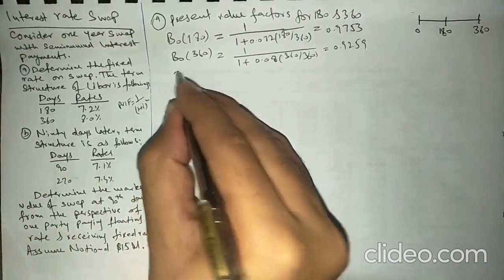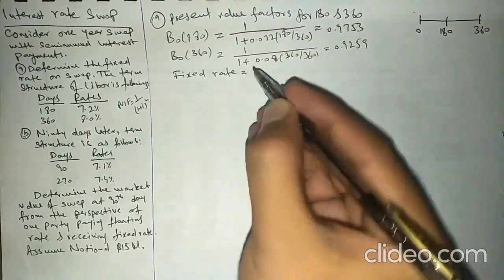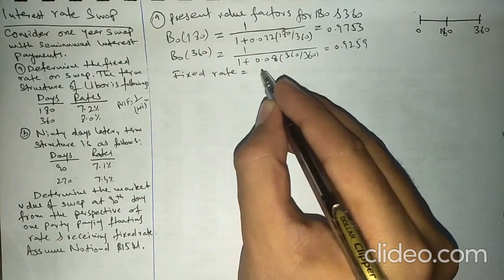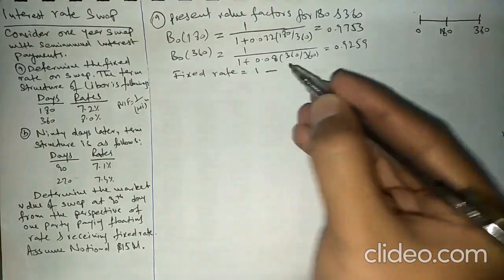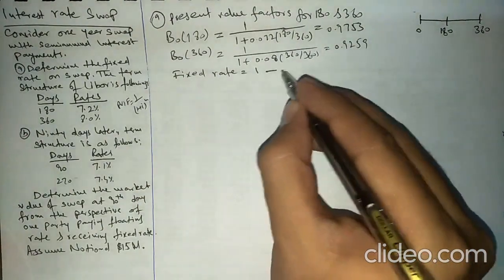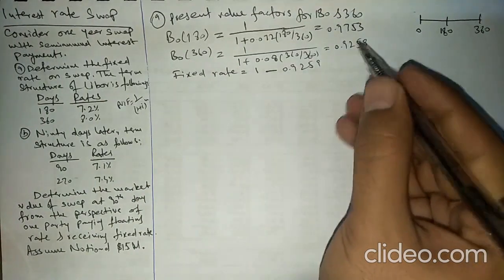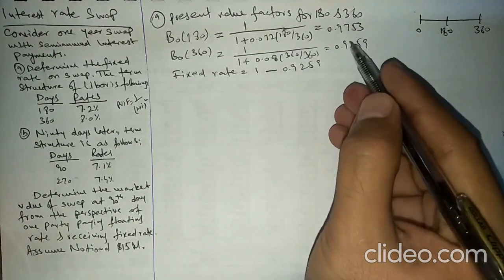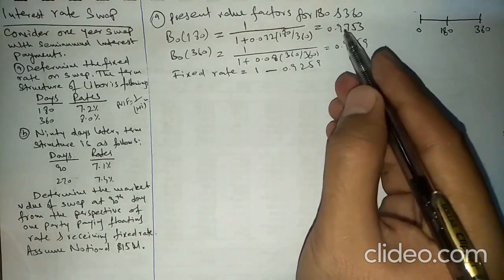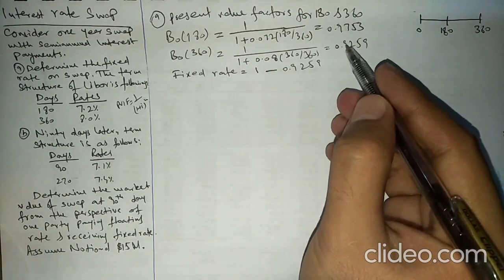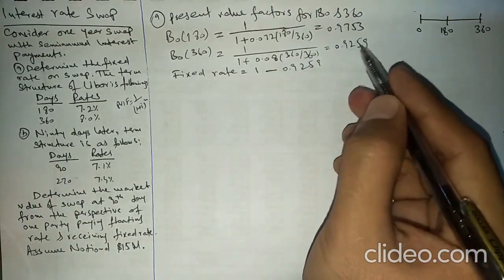So here we can calculate a fixed rate using this formula. To calculate a fixed rate, the formula is 1 minus the last present value factor, 0.9259, whatever is the last factor. In semi-annual form, the last factor is the second factor, and if you have quarterly interest payments, then the last present value factor will be the fourth present value factor.